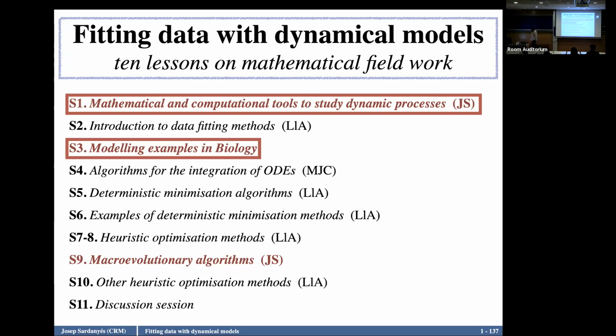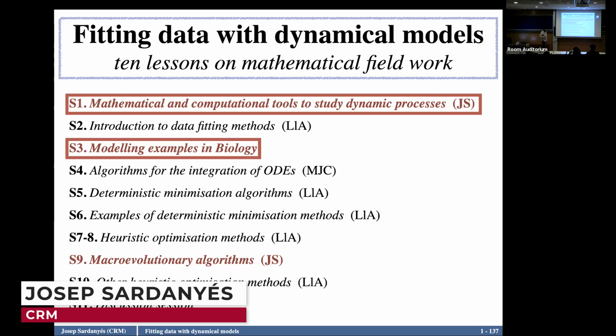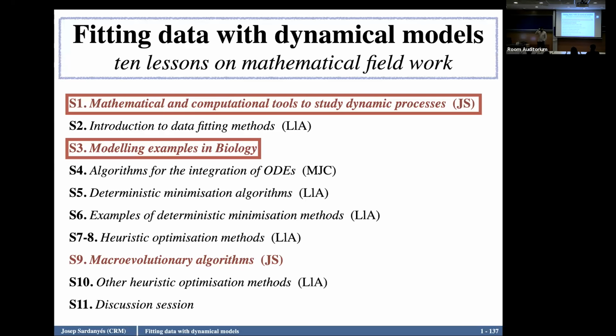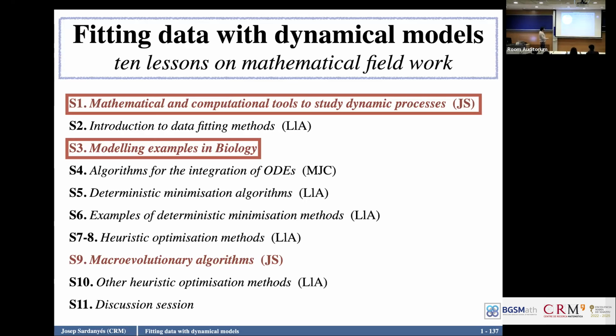Today, I will go on with the tools and methods that we were discussing to build a dynamical model to study dynamical processes. And this is so far what we saw in the previous sessions.